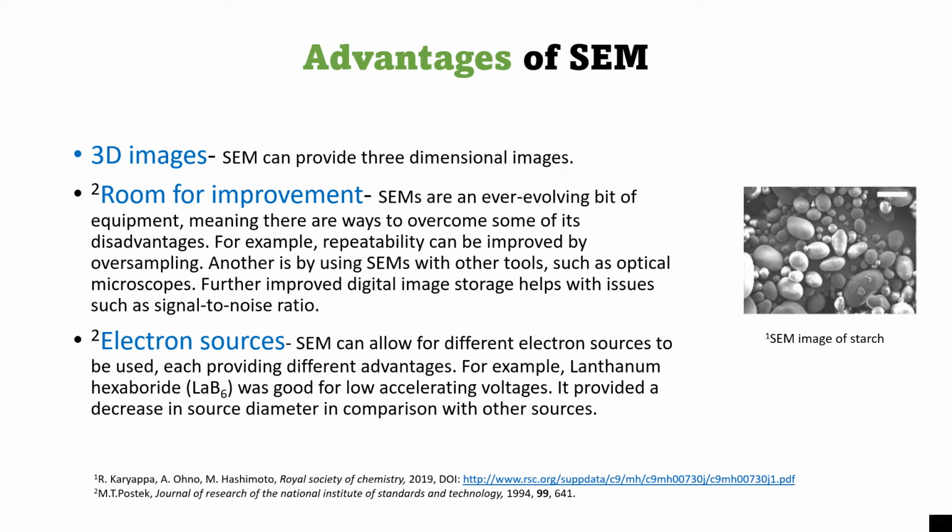For example, by using other tools with SEM, such as an optical microscope, we can help improve signal-to-noise ratio. A final advantage is that we can change the electron source. When changing the electron source, we can use lanthanum hexaboride electrons, which are good at low accelerating voltages and can provide brighter images.